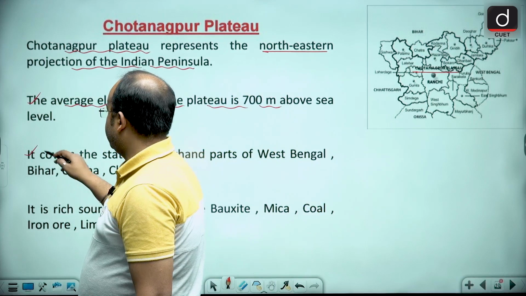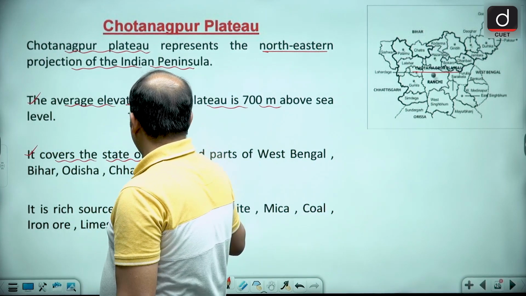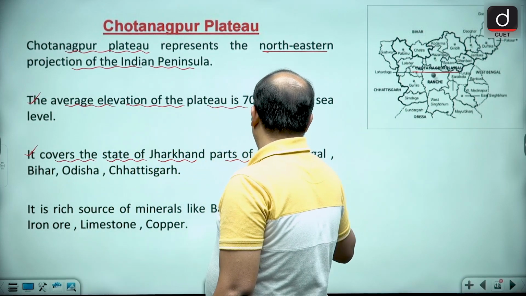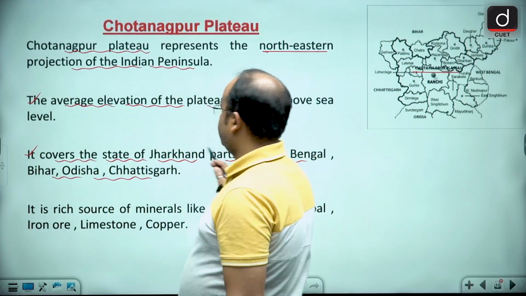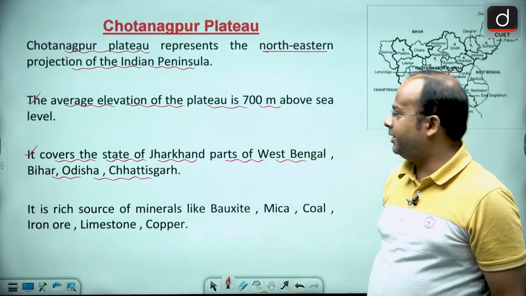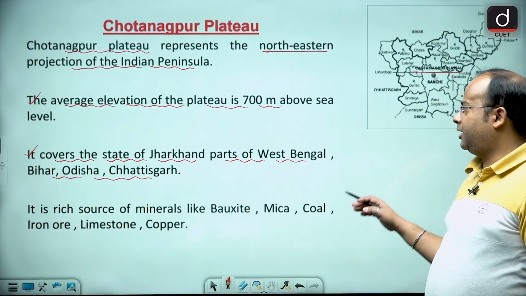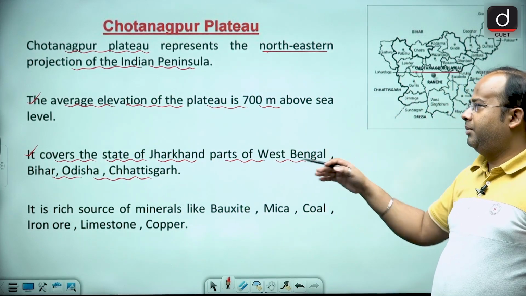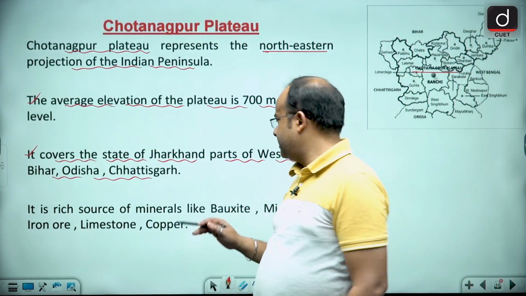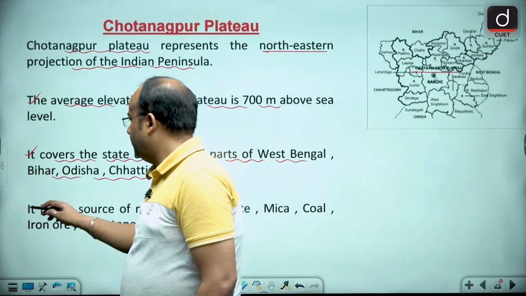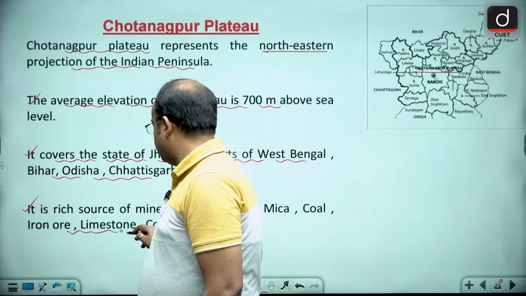Now guys, what does it cover? It covers the state of Jharkhand, parts of West Bengal, Bihar, Odisha and Chhattisgarh, and it is rich in mineral resources like bauxite, mica, coal, iron ore, limestone and copper.